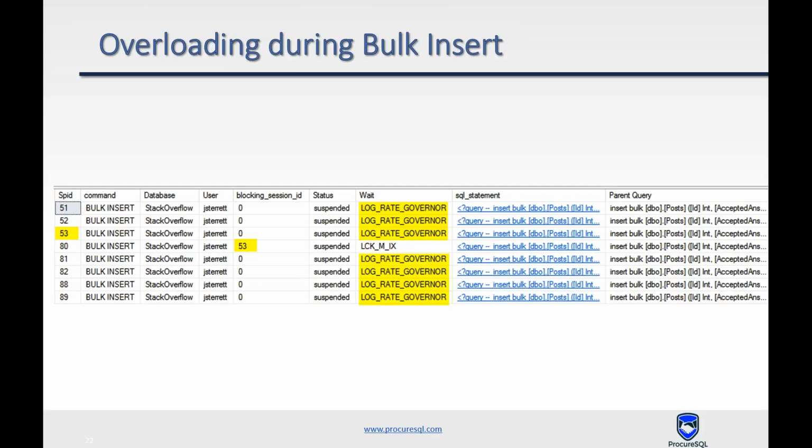So a good lesson here is even if you're going to keep your database at a lower tier, you're probably going to want to upgrade it to a premium tier for the actual migration portion so that it can go as fast as possible. And then once that's done, you can lower that back down. But here's just a perfect example where every single process that's running, except for one that's being blocked, is being throttled by the log rate governor.